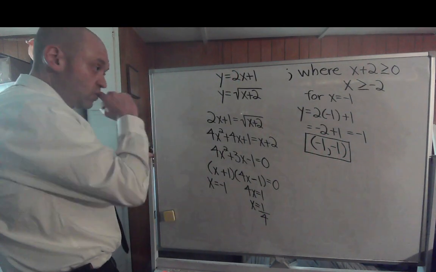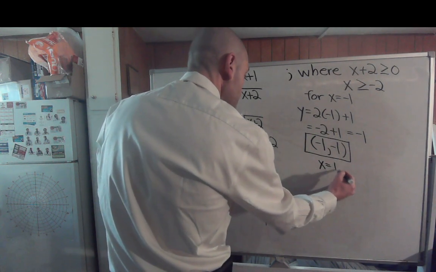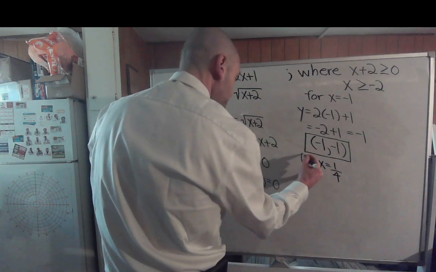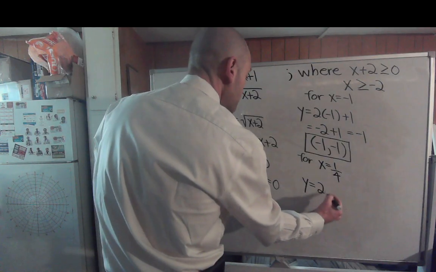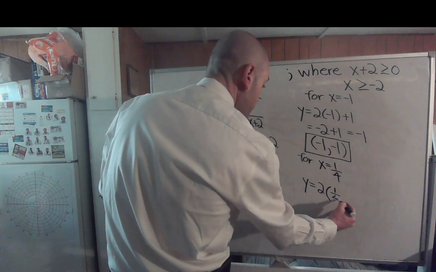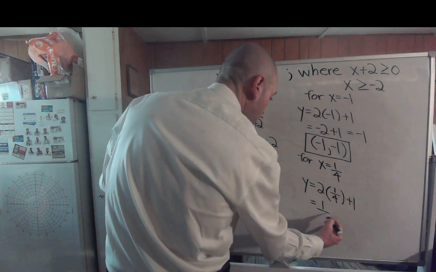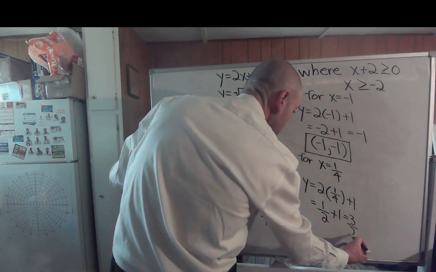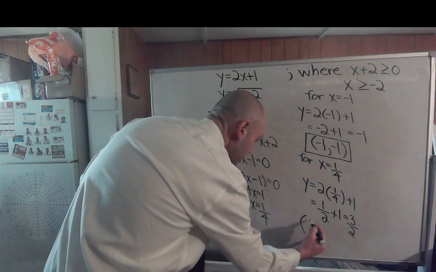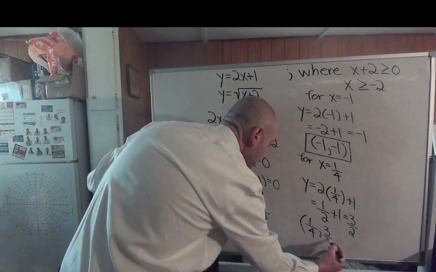You have another one where you consider x equals 1/4. So y is going to equal 2 times 1/4 plus 1, which would equal 1/2 plus 1, which is 3/2. So the other ordered pair you should get is 1/4, 3/2.